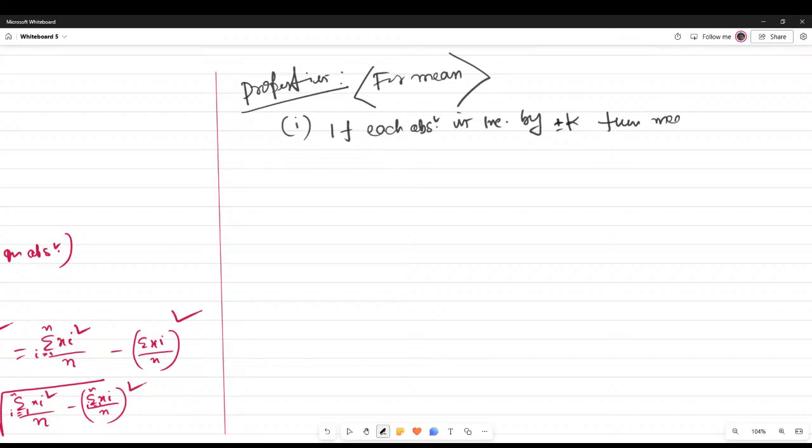then the mean is also increased or decreased by k.